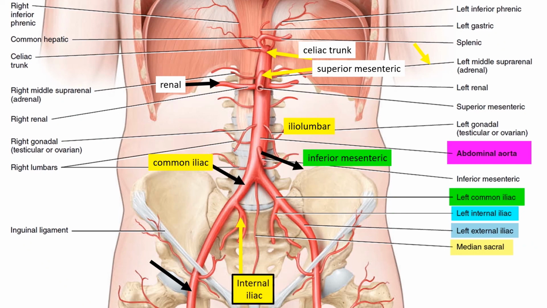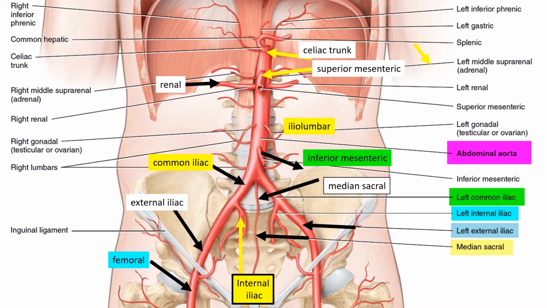The word internal means that it is going to supply structures inside the pelvis. Then it continues as the external iliac, and as it passes under the inguinal ligament and enters the anterior part of the thigh, it is called the femoral artery.